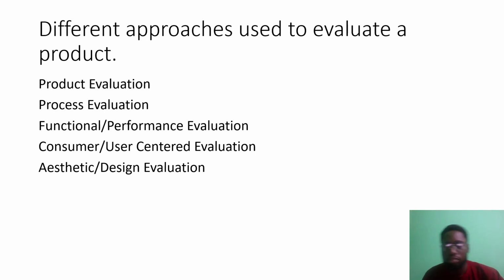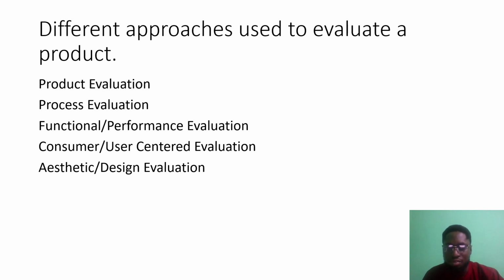So we have different approaches used to evaluate a product. These are a few of the approaches used to evaluate a product. So here are 5 commonly used evaluation approaches for products in textiles and fashion. So we have product evaluation or outcome based.